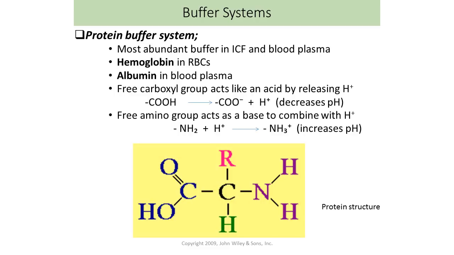So we'll talk about the scenario if the blood is too basic, which means that it's not acidic enough. And so in this case, what we want to do is to try to make the blood more acidic, because remember it's a homeostatic range of 7.35 to 7.45 of pH, and if our pH is above 7.45, it means we're too alkaline or too basic.